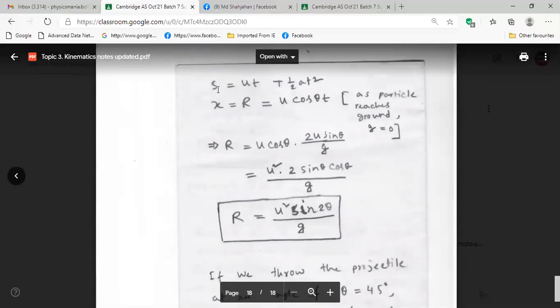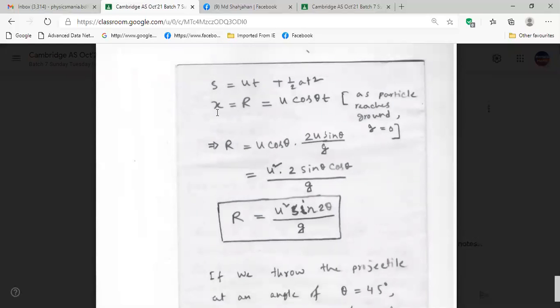Okay. S equals ut plus half a t square. This one we know, right? Yes, sir. And here our S, the displacement in the horizontal component, we are saying this horizontal component is always x, right? Because the x axis is towards the horizontal component.